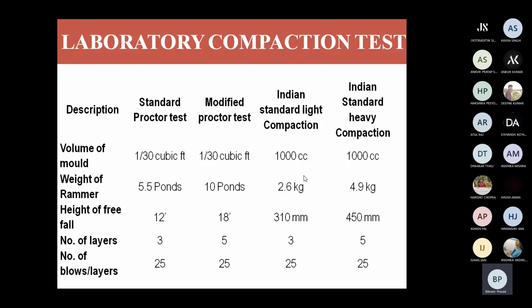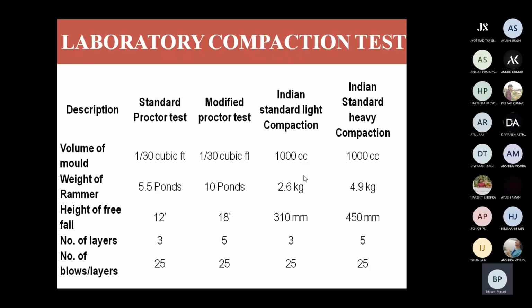So basically, the volume of the mold which we use for the test, in the Indian Standards, is 1000 cc. The same volume is there, but the difference is the weight of the rammer, the rammer we adopt and apply for compaction purposes.